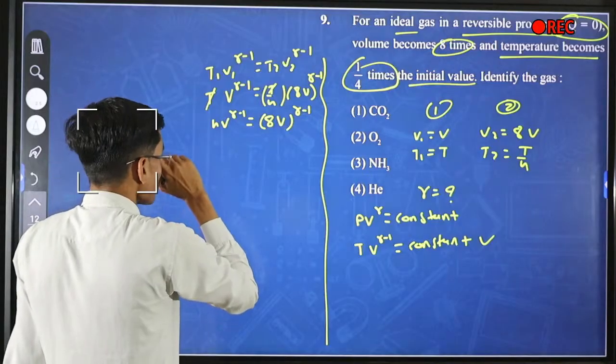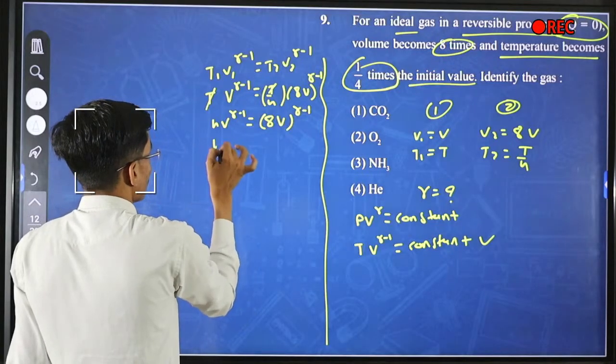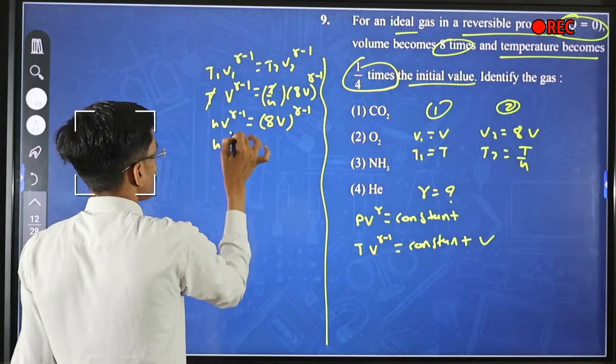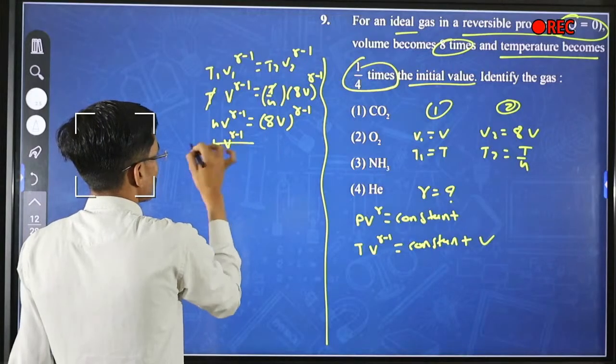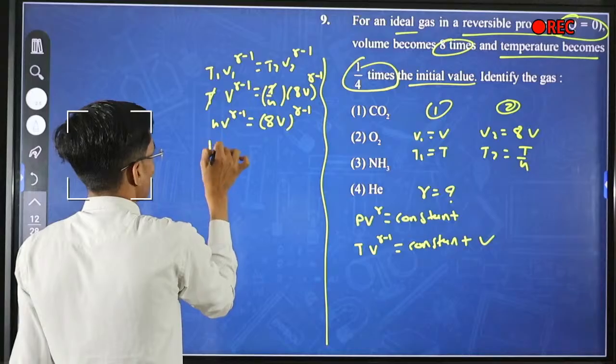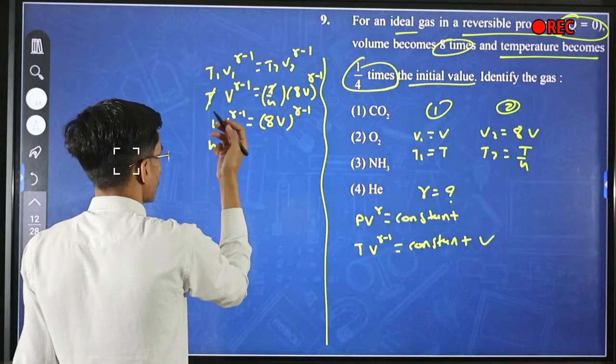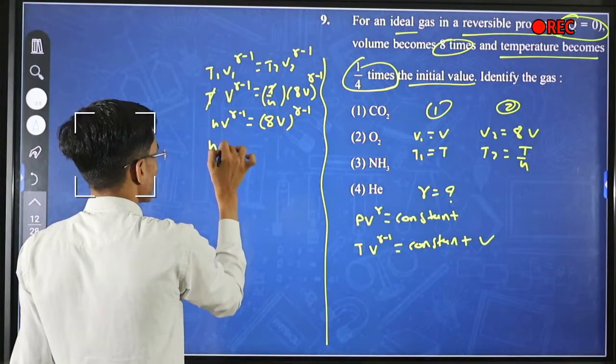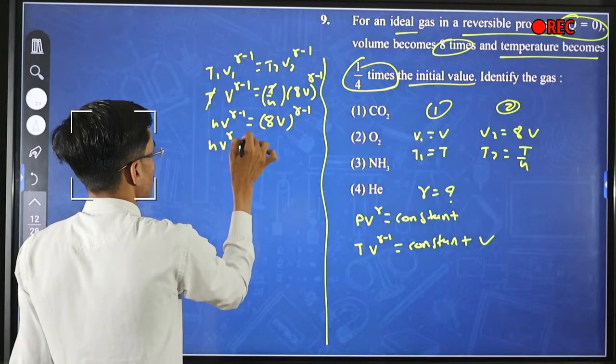Okay. So we can write V raised to gamma minus 1 as V raised to gamma into V raised to minus 1.